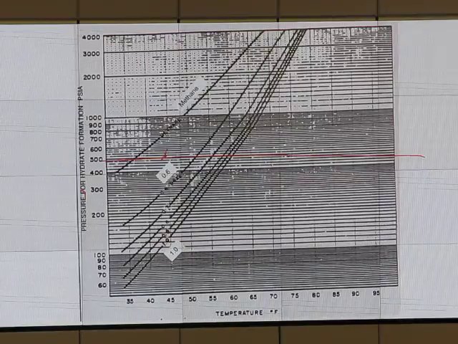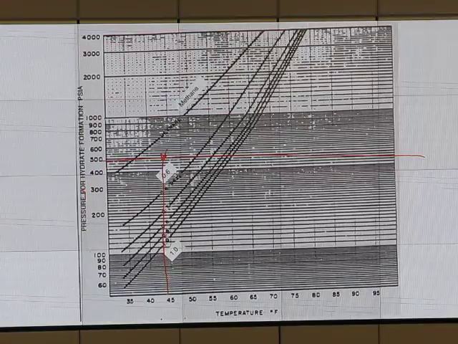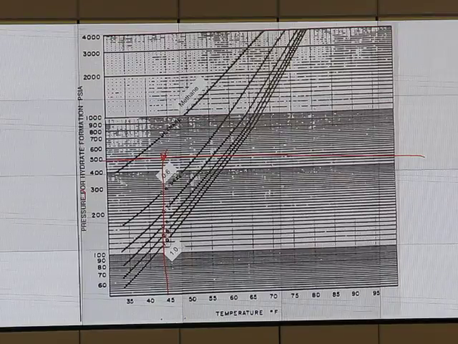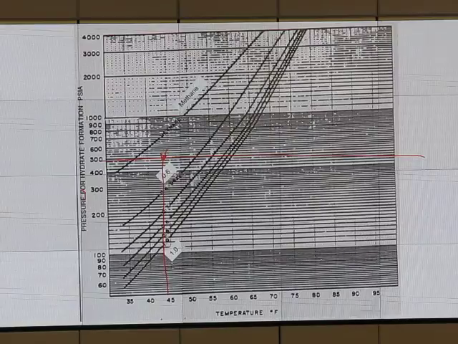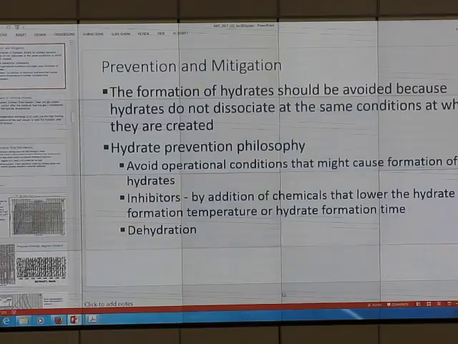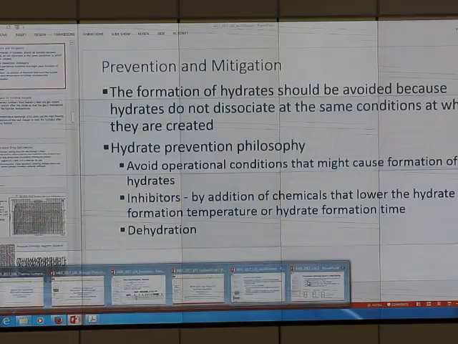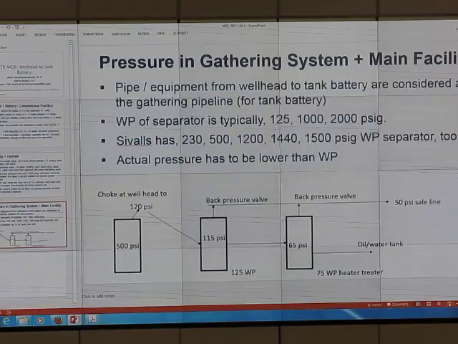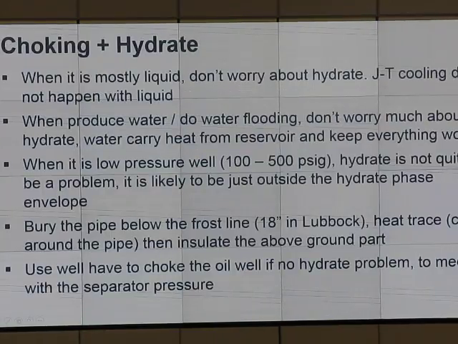So your phase envelope may be over here. It has to be that cold, maybe 44 Fahrenheit or something, to produce hydrate. And your ambient temperature could be cold enough. In winter, you bury the pipe, heat trace it, and insulate it. Let me explain more. What you want to say is, look at this one.